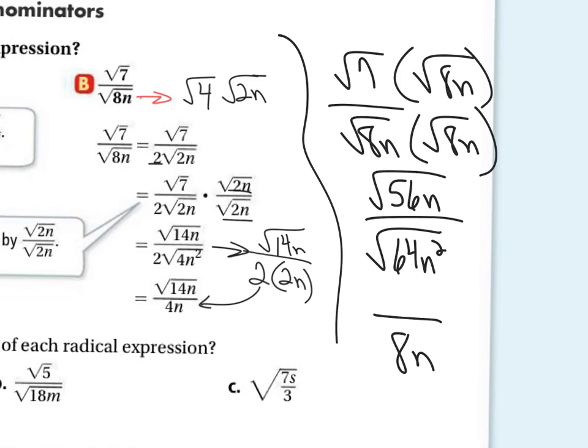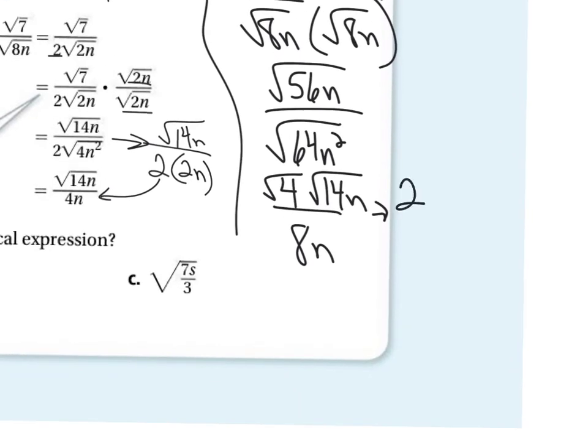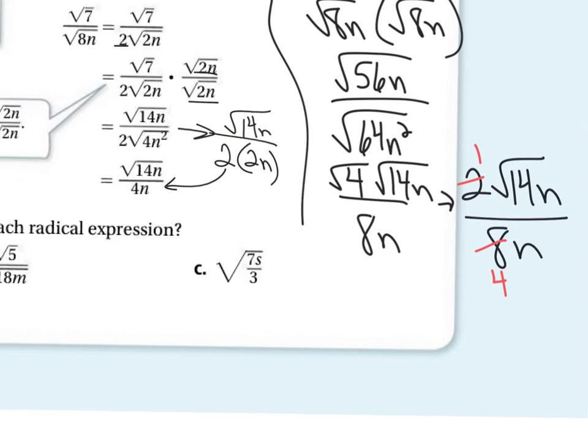In the numerator, we would have to then factor out a 4. And then square root of 4 is 2. And then the 8 and the 4, we could reduce those. And then that would be the same answer that we got over here.